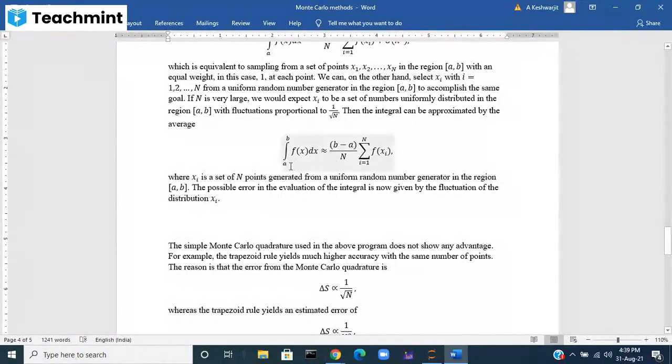Then we will calculate the value of the function at each of these points, take their sum, and multiply it by this factor, and we will get the approximate value of this integral.